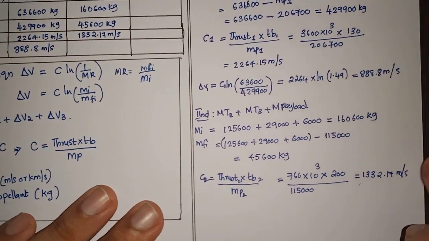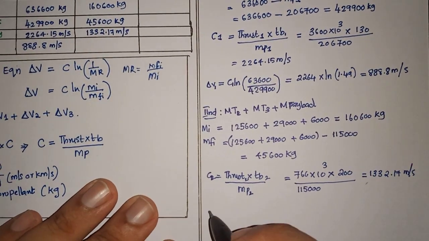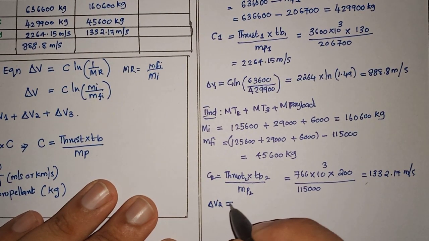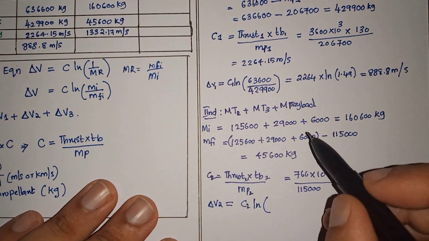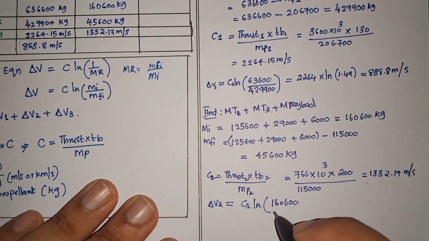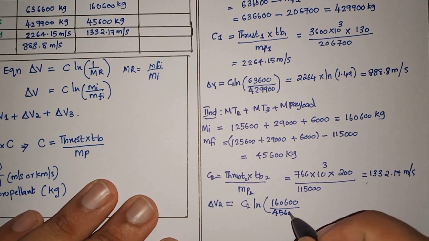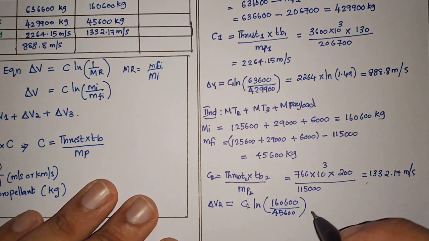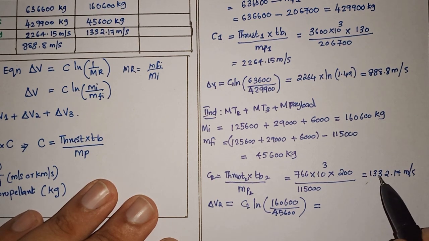what is delta V2? So delta V2 is going to be your C2 into the logarithm of the initial mass 160,600 divided by 45600. If you do this, you are going to get the delta V2 value, and because we know C2, it is going to be 1332.17.